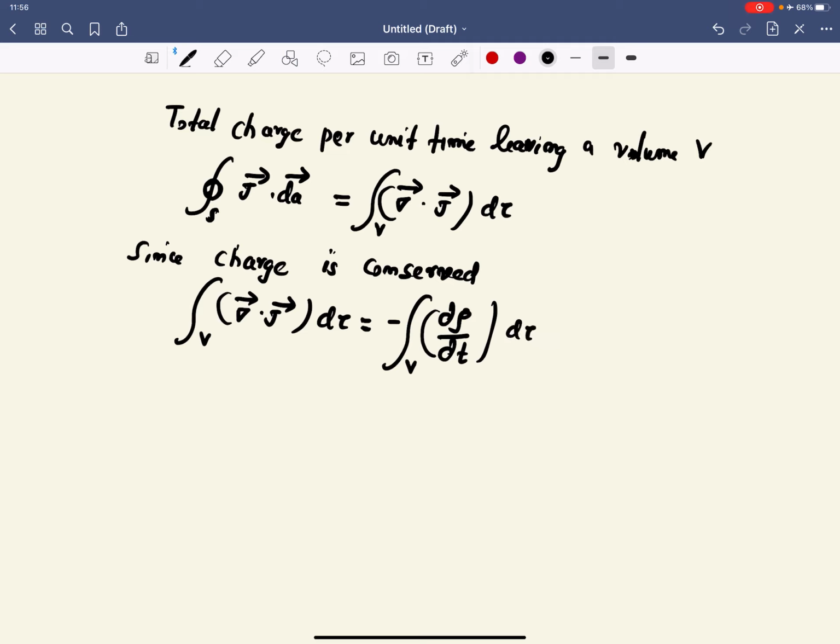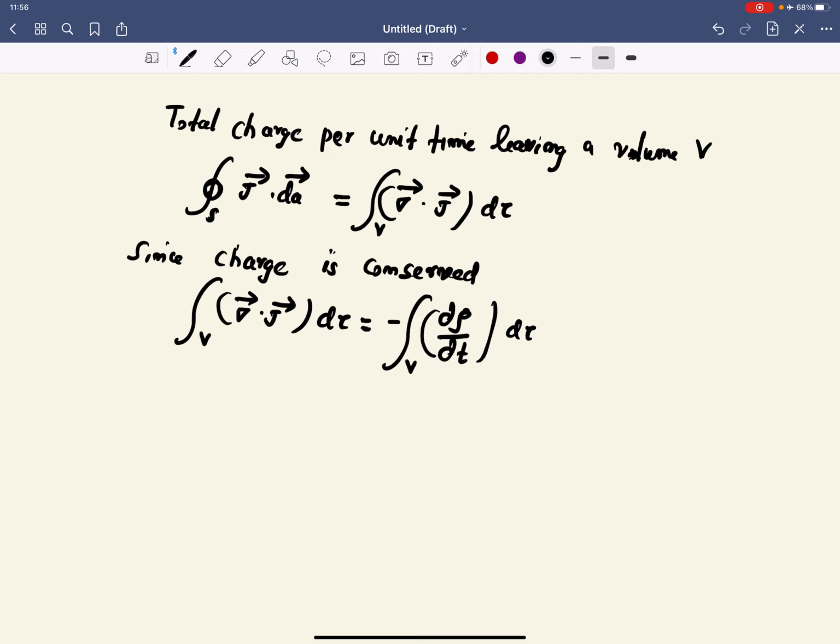Okay, so see the divergence of this current: the total charge per unit time leaving a volume V is equal to the change of that charge.